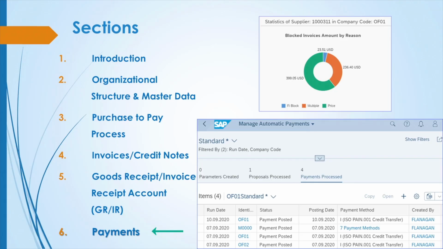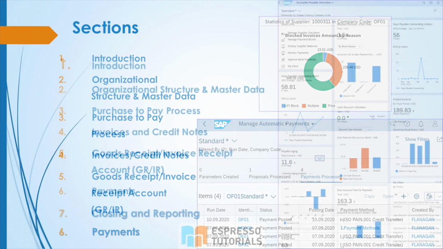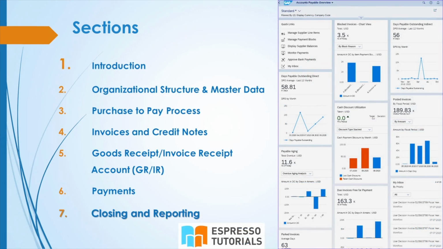We explain how the bank clearing accounts and bank reconciliation work, as well as the postings and clearing. We run through some related reports, and we cover some tips and tricks. Finally, there's quite a large section on troubleshooting the automatic payment program. And the 7th section is all about closing and reporting.